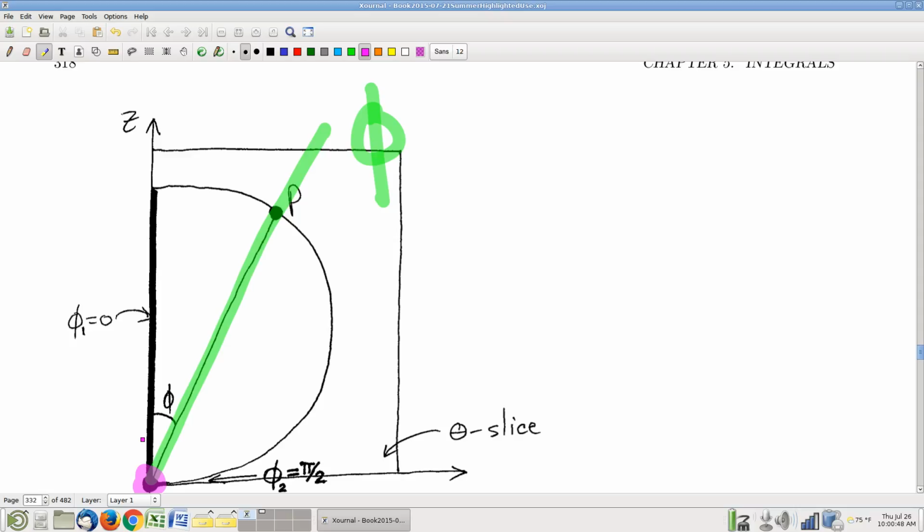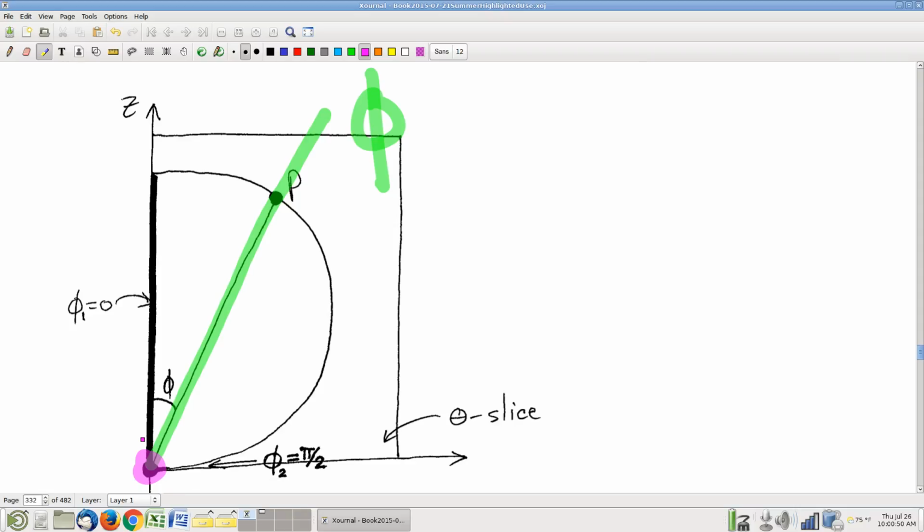So, easy starting point. The last value of rho is going to correspond to that point. And again, it's not immediately obvious exactly where that is, so we have to think it through. Think about what geometric objects this is on and what algebraic equations I have for them. Well, this point is on that curve. What do I know about that curve?